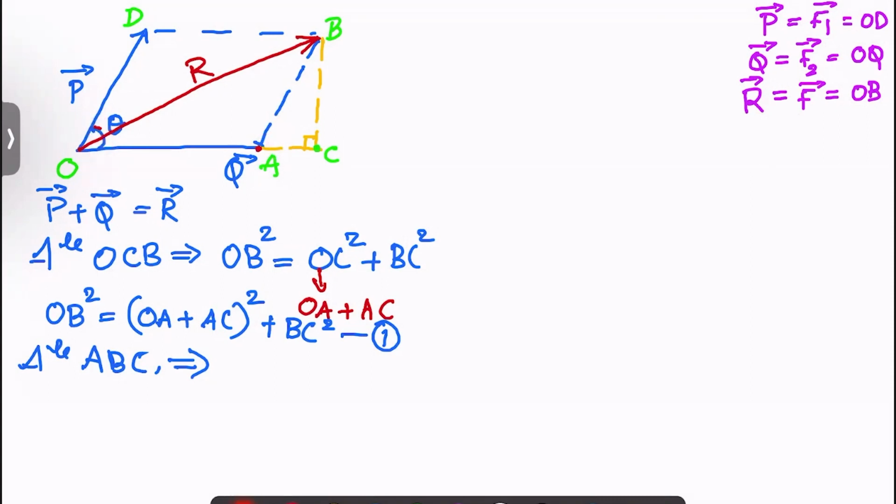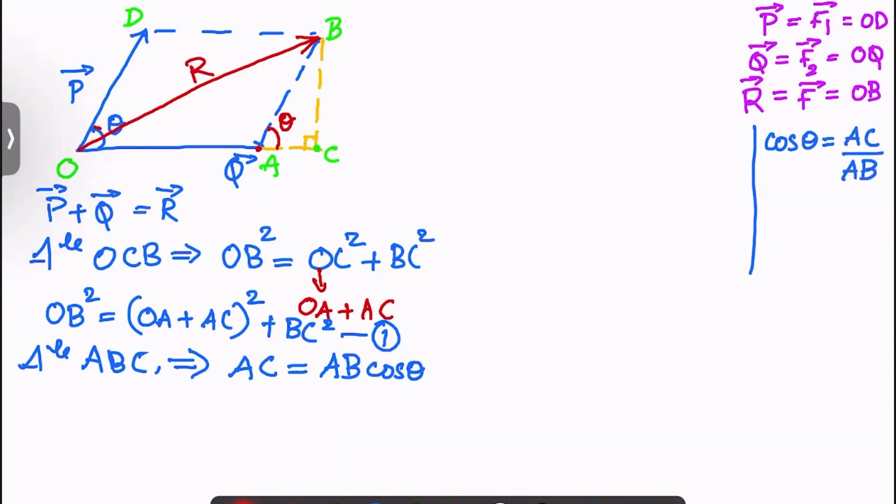This angle will also be theta, right? So to express AC in terms of AB, we have to use what? AB cos theta, right? How did that come? Just like this. In triangle ABC, cos theta equals AC by AB. So in that manner, we know AC equals AB cos theta. Okay.